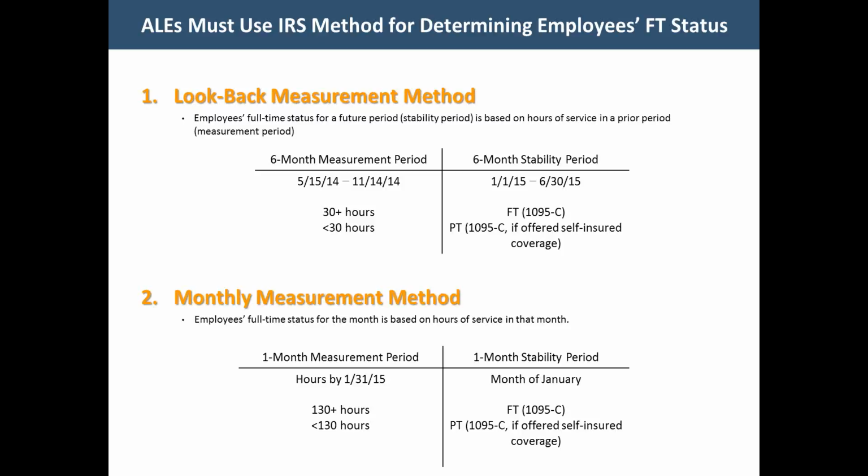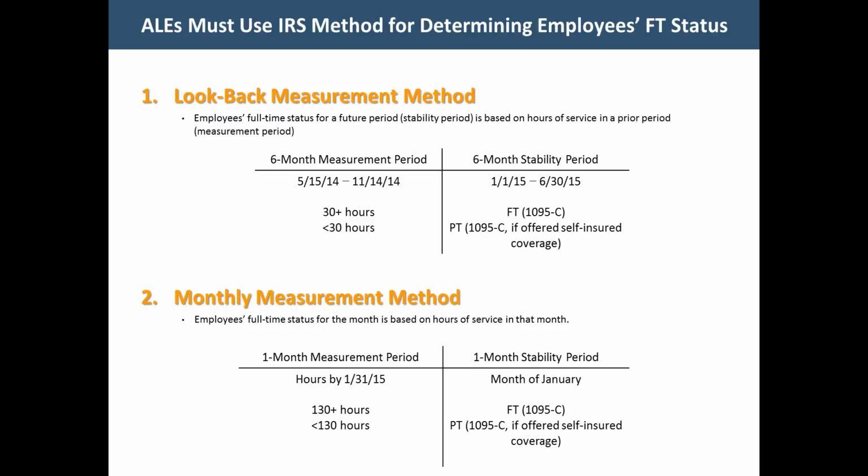Under the look-back measurement method, employees' full-time status for a future period, or what the IRS calls a stability period, is based on their hours of service in a prior period, or what's called a measurement period. In this example, the employer is using a 6-month measurement period.